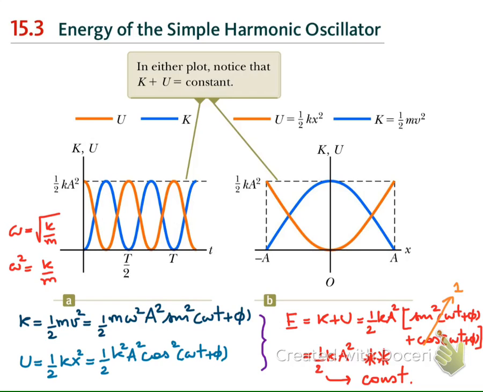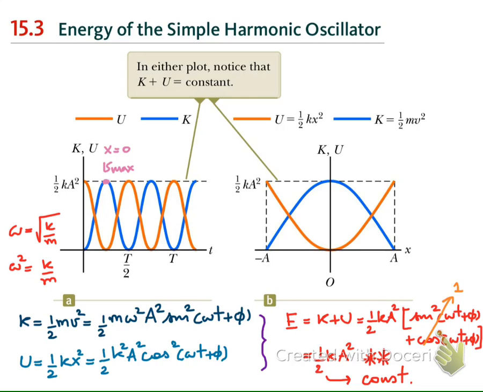It means that when the kinetic energy is maximum, the potential energy is minimum. And this is reasonable because the maximum value of the kinetic energy happens when the velocity is maximum, and it also means that x is 0.